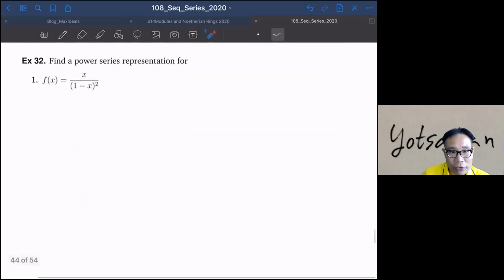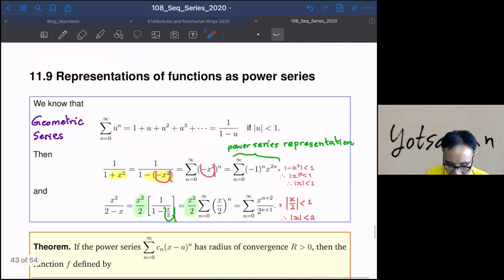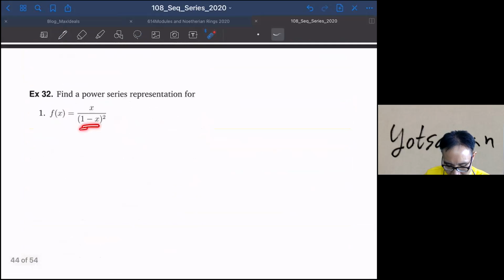Okay, so we're going to find a power series representation for the given function here. You see that this is not the form that we have. It's not in terms of 1 over 1 minus u, but it looks like 1 minus u, squared.